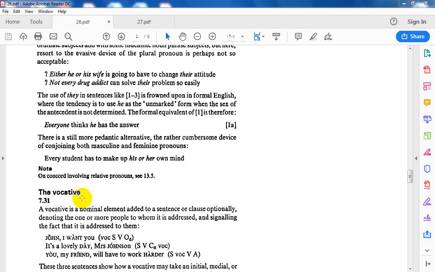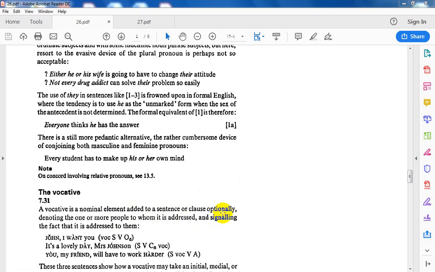The vocative, النداء. First of all, this is the definition of the vocative: a nominal element, so it takes the position of a noun, added to a sentence or clause optionally.